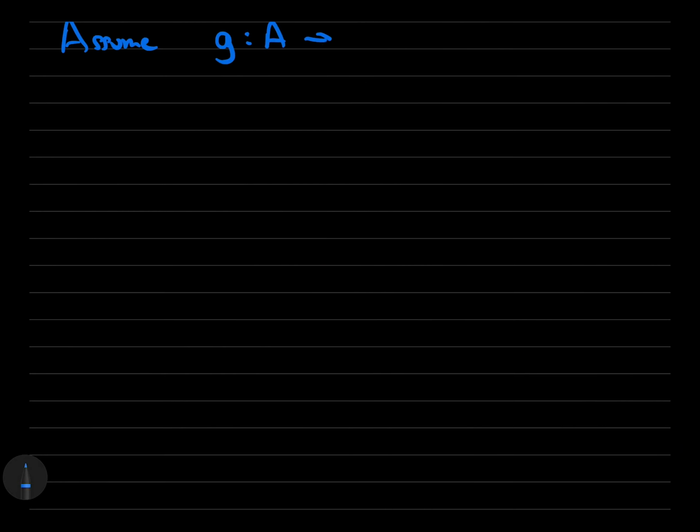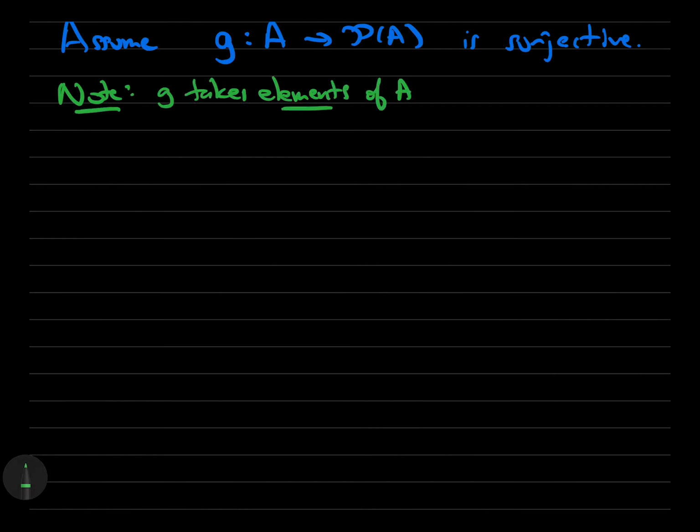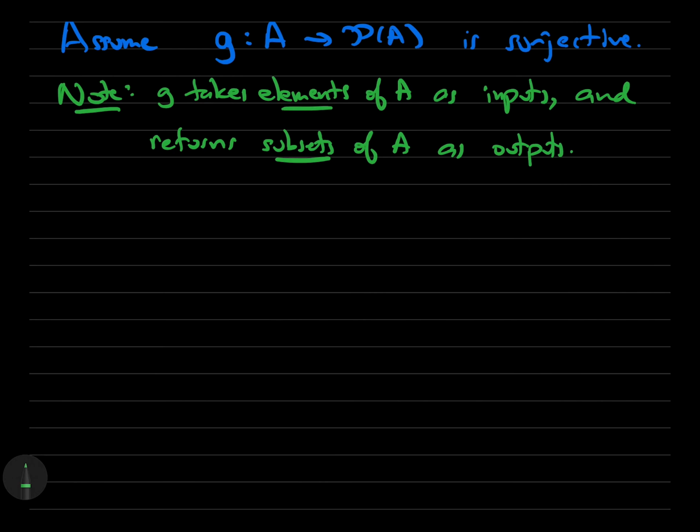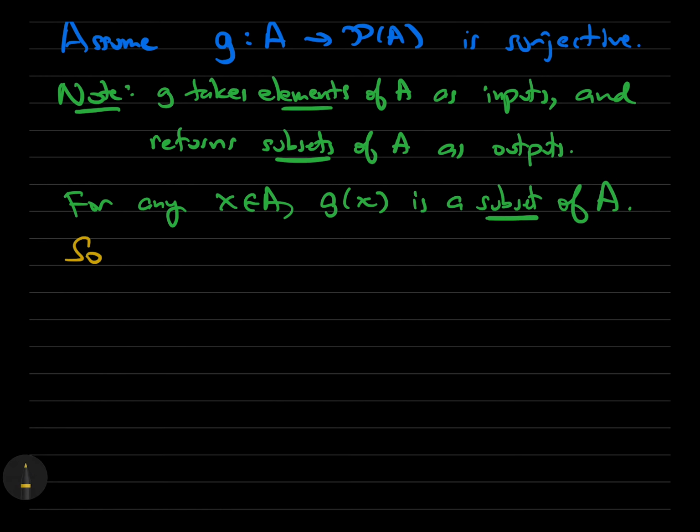Assume that g from A to the power set of A is surjective. Note, let's think this through. g takes elements of A as inputs and returns subsets of A as outputs. For any x in A, g of x is a subset of A. So notice for any x in A, either x is in g of x or x is not in g of x.